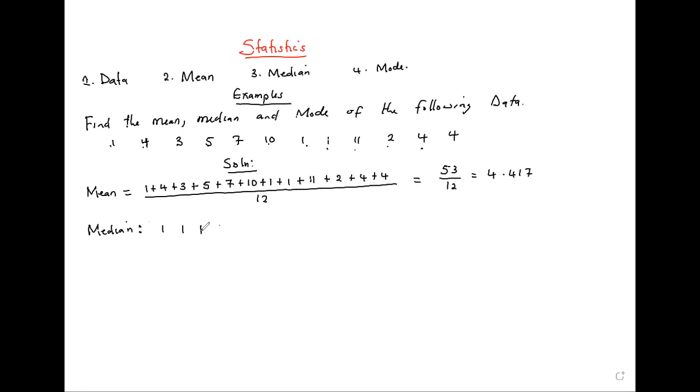The next is 2, then 3, then 4, 4, then 4, then 5. From 5, 7, 10, 11. So 1, 2, 3, 4, 5, 6, 7, 8, 9, 10, 11, 12.